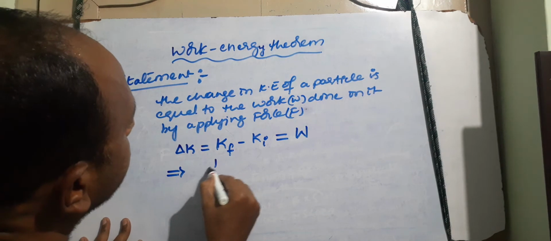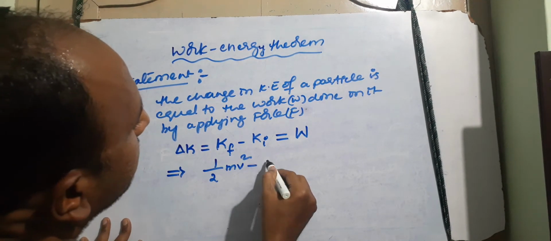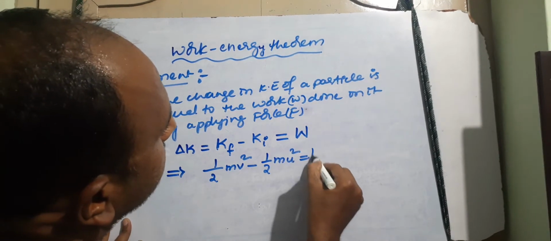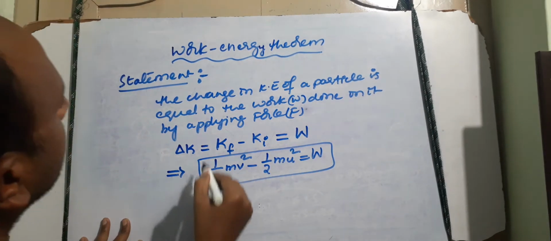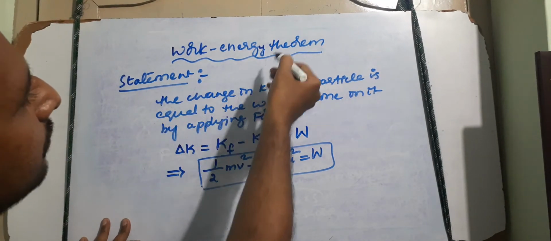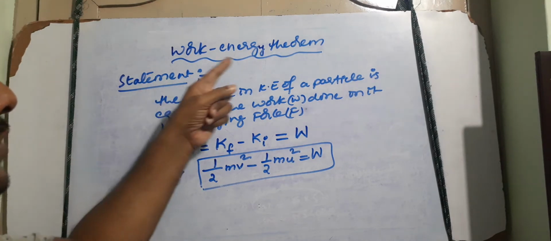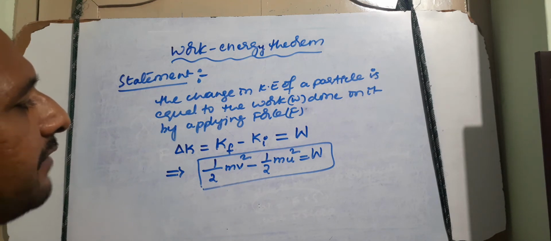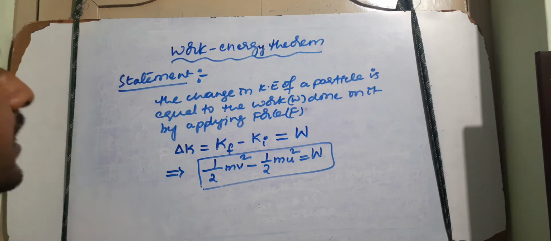Final kinetic energy is given as half m v square, Kf. Initial kinetic energy is given as half m u square, which is equal to W. So to prove the work energy theorem, we want to derive the formula half m v square minus half m u square is equal to W. This is what we are going to derive.